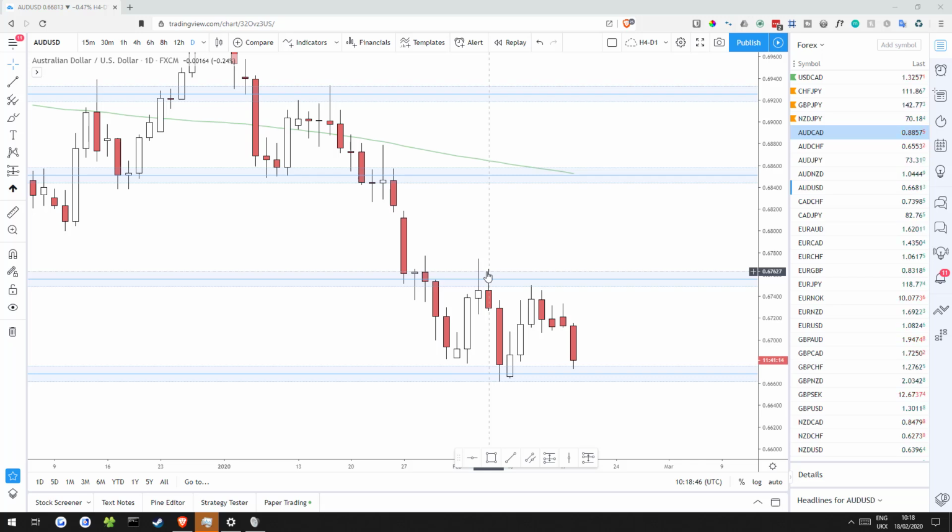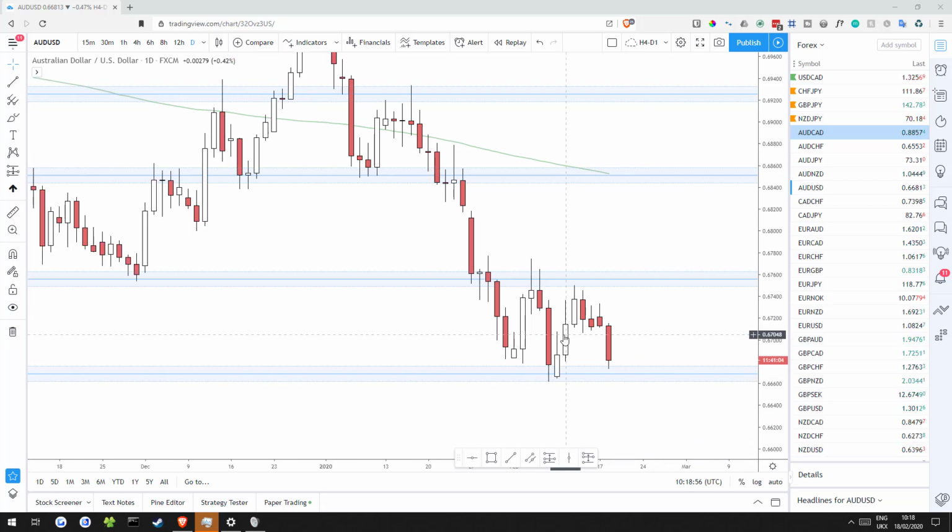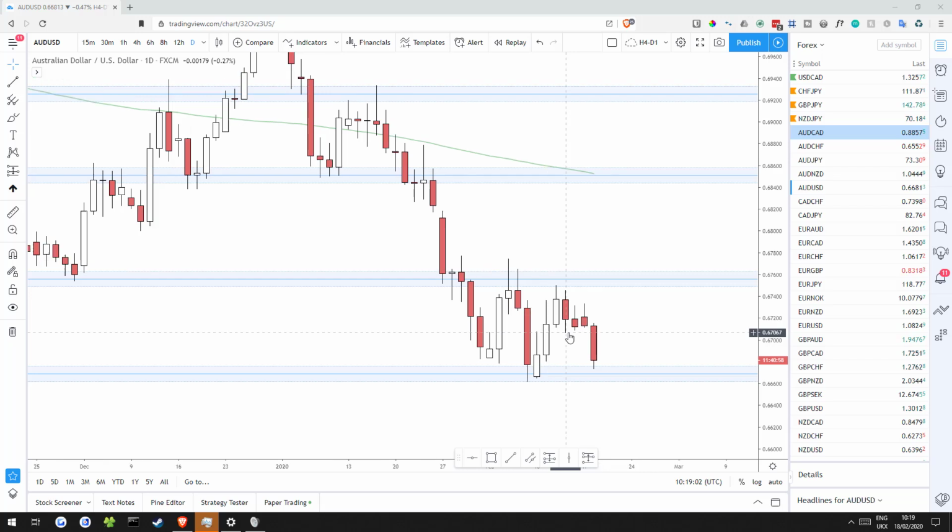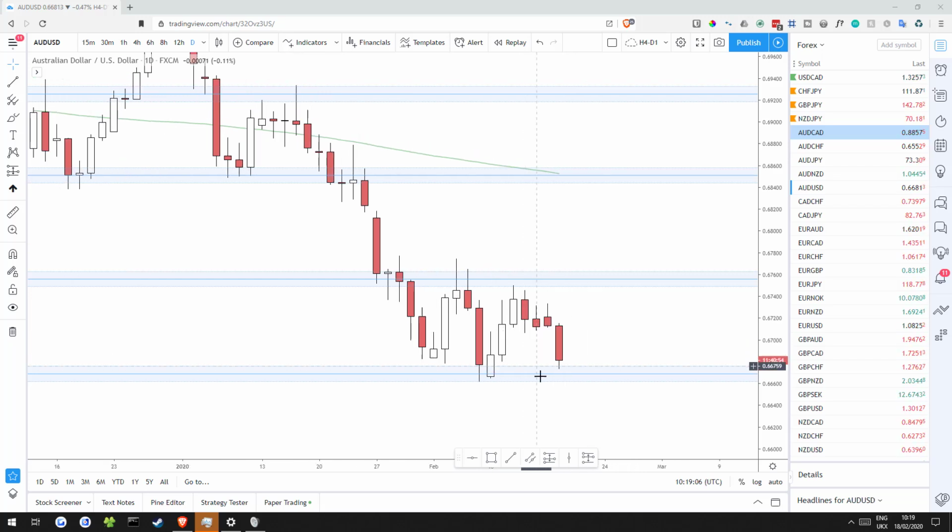So we just have to accept that it is kind of a double top, but it's just not perfect. Anyway, my use of chart patterns is not exactly how other traders use them. My definitions are a little bit looser, but it works fine for me.